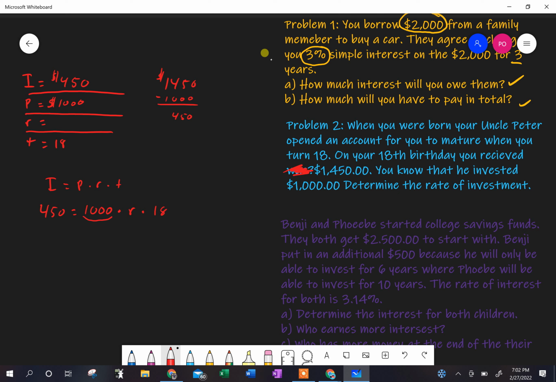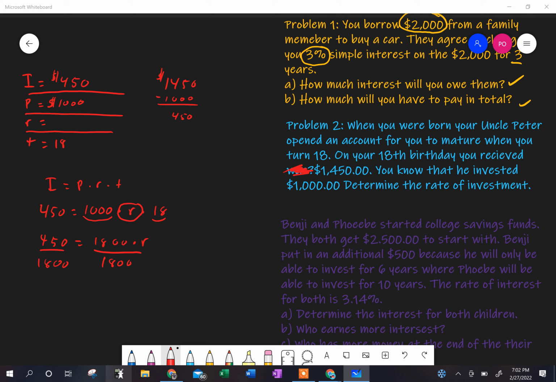Well, I can multiply 1,000 times 18, and I get 450 equals 18,000 times R, times my rate. Now it's a one-step equation, so I'm just going to divide both sides by 18,000. This question's a little bit tricky.